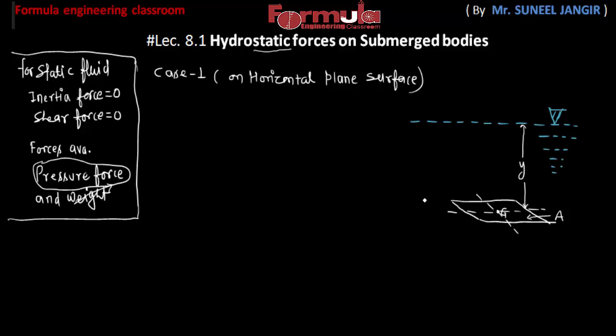Now we know according to the hydrostatic law that as the depth increases, the pressure intensity also increases. So we can draw it like that. If rho is the density of this fluid and g is the gravitational acceleration, then at this point the pressure intensity will be rho g y.